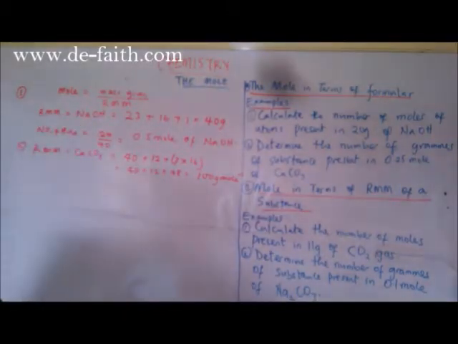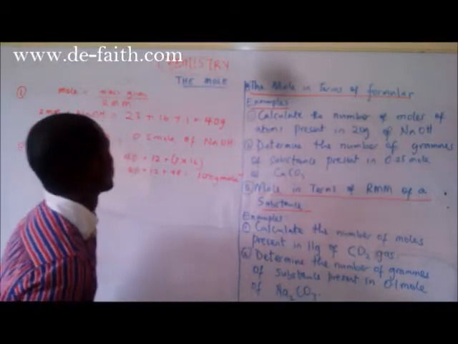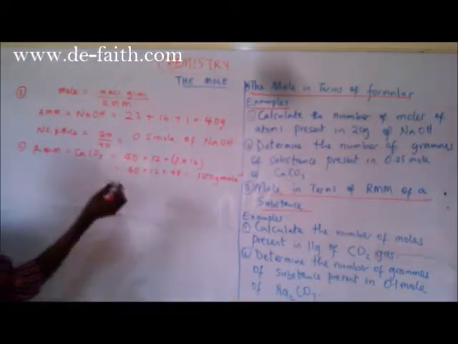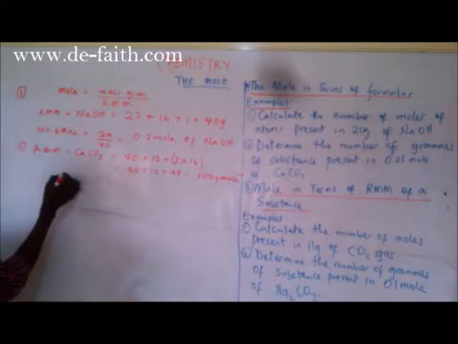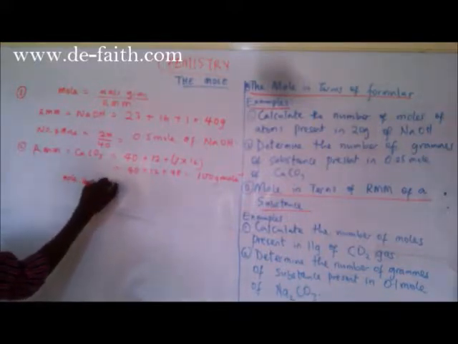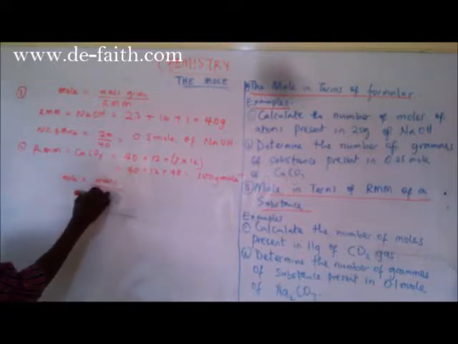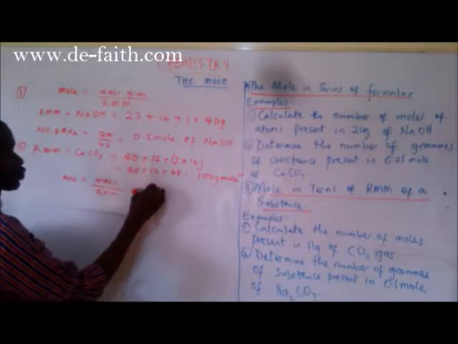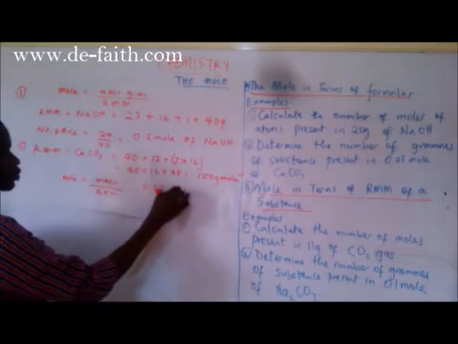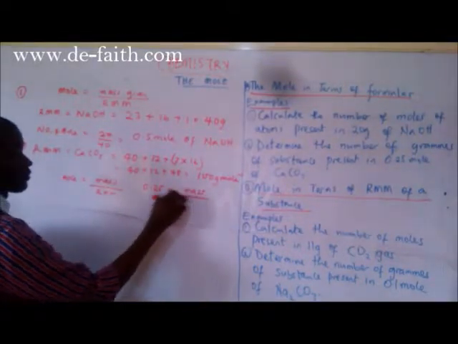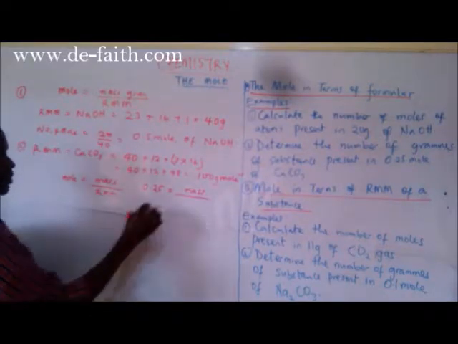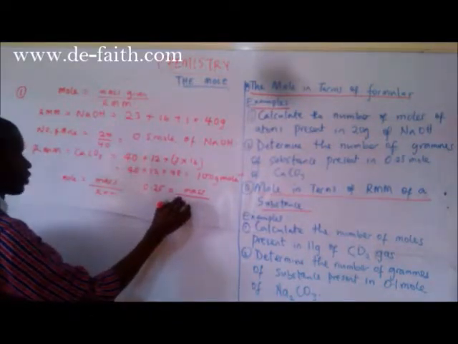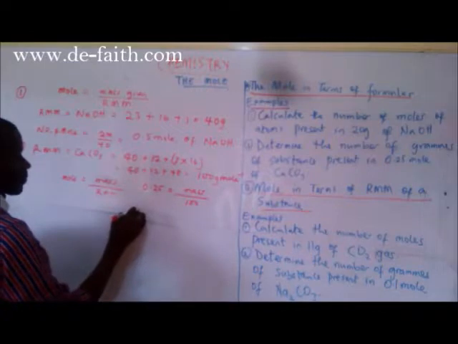So making use of our formula, we have to determine the grams and we're given the mole. Therefore, mole equals the mass given over the relative molecular mass. We're given 0.25, which is equal to the mass which we are looking for over the relative molecular mass of calcium trioxocarbonate(IV), which is 100 grams.